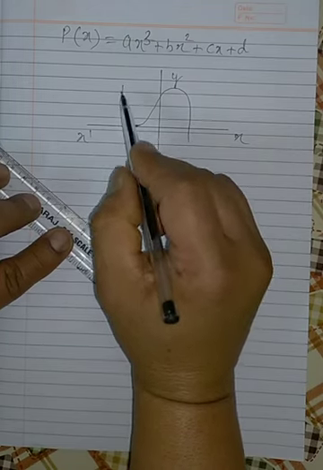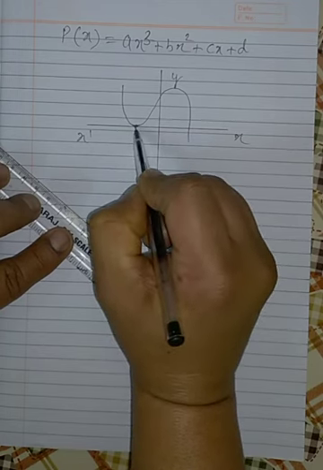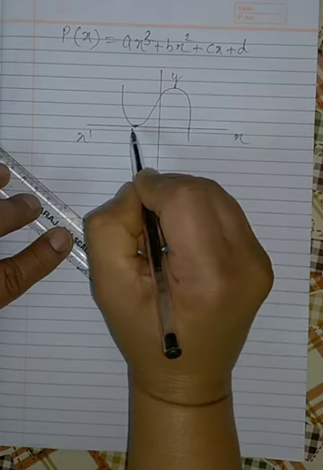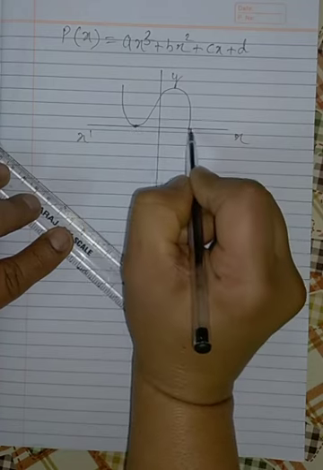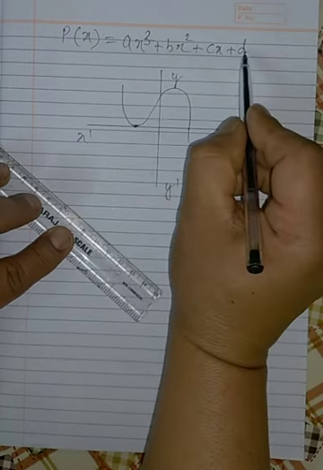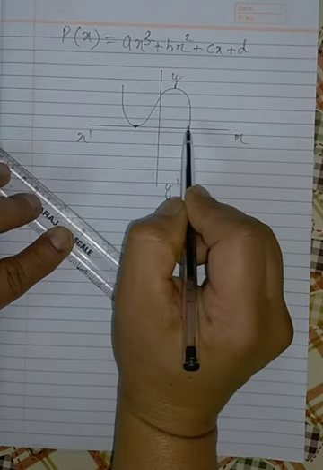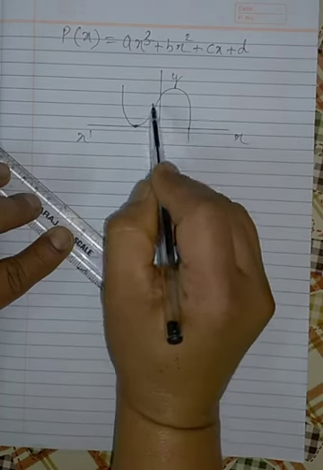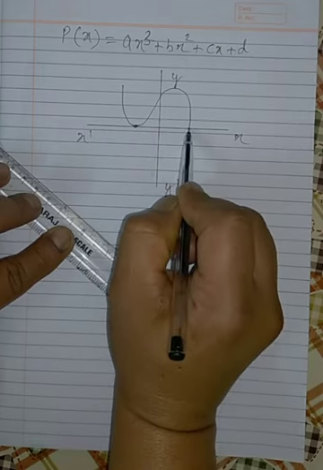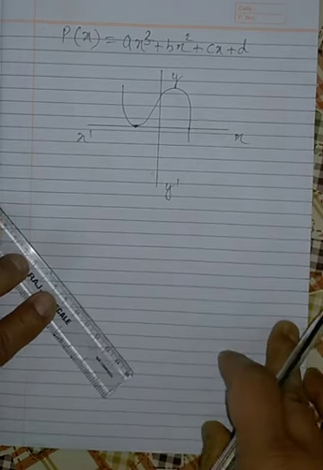That means here also we have 3 zeros, but 2 zeros are here and 1 zero is here. So in this case, we have 2 equal zeros here and 1 distinct zero here, as this curve is touching the x-axis here and intersecting here. So these are the 3 possible graphs for the cubic polynomial.